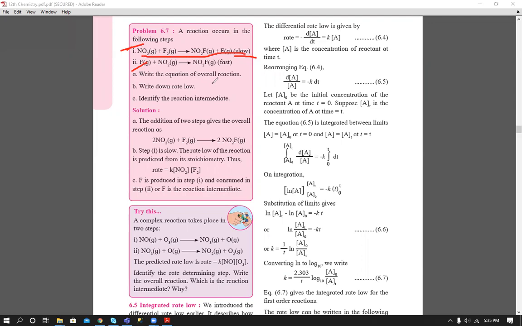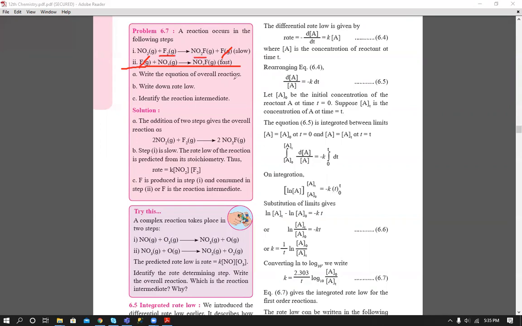Write the equation of the overall reaction. Favorite question: how will you write the overall reaction? Find out which terms get cancelled. This gets cancelled, and it will be a reaction intermediate because it is produced in this step and consumed in the other step. Then NO2 will add, giving 2NO2 plus F2 gives 2NO2F.